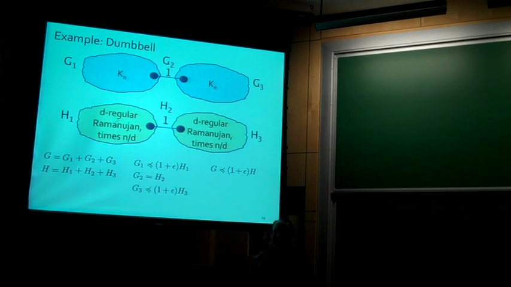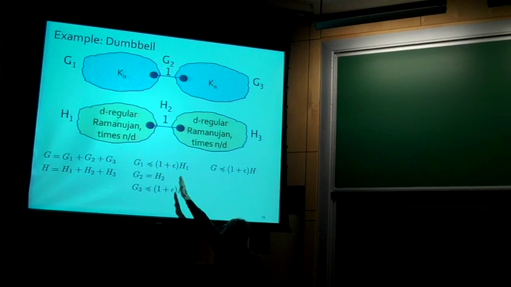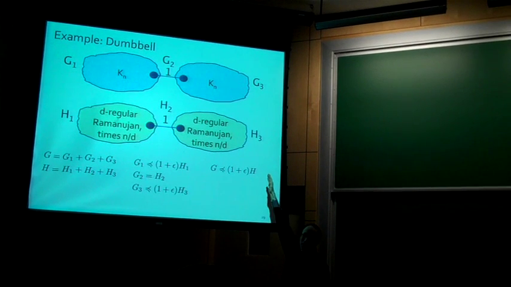That's how we'll define plus. And you know, because of the theorem I told you earlier, that Ramanujan graphs approximate the complete graph, that G1 is less than or equal to 1 plus epsilon times H1. So you have a less than or equal to 1 plus epsilon on the left, you have equality in the middle, and another less than or equal to 1 plus epsilon. You just add those 3 inequalities together and you get this bound.